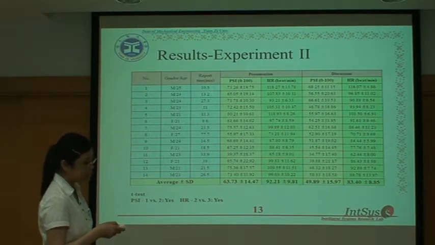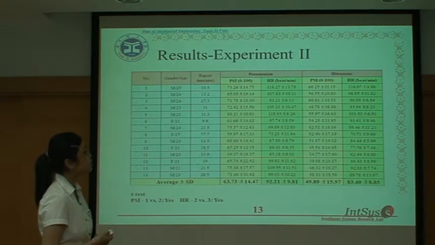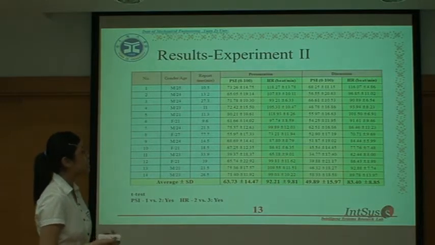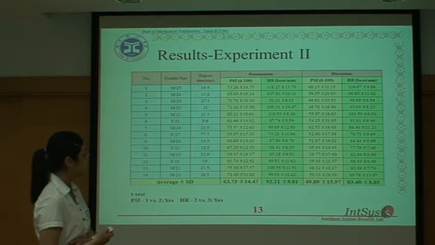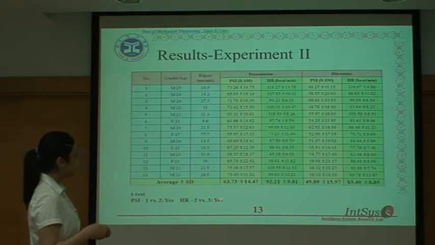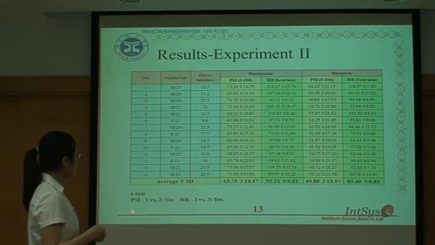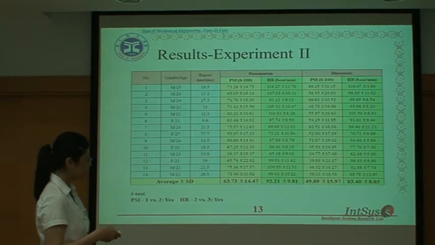But during discussion, sometimes the 2 professors discuss with each other, and the volunteers are just listening, so maybe they would not be so nervous. And we also use these values to do ANOVA, and we can see during presentation and discussion, they have a significant difference both in PSI and heart rate value.